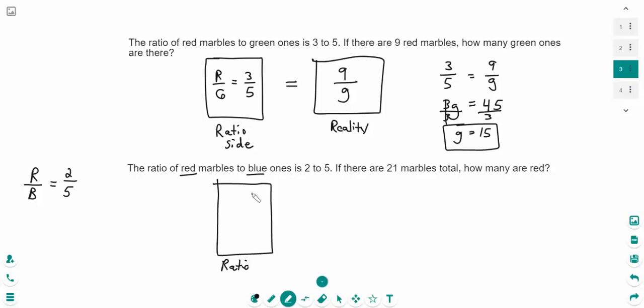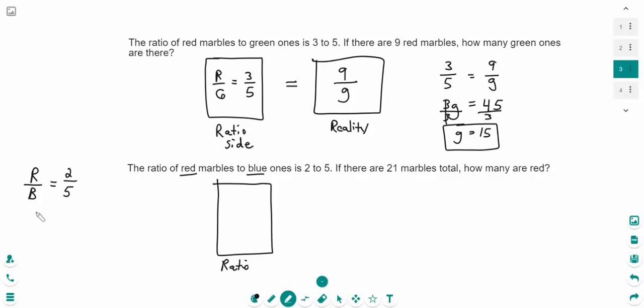Now remember, a ratio is just a comparison. So what else could we compare in this first sentence of our story problem? What else could we compare? We've already compared the red to the blue. Now we could compare the blue to the red, but that would be a little trivial. We're still comparing the same two things, so that doesn't really count. But what else could we compare?